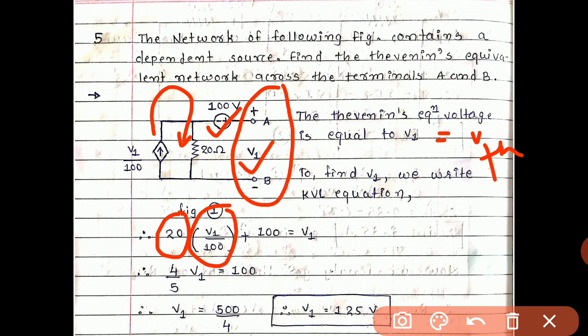So we can write 20 multiplied by V1 divided by 100 plus 100 equals V1. By simplifying all the things, we get 4 over 5 V1 equals 100, V1 equals 500 divided by 4, and we get the value of V1, that is 125 volt. So initially, in the first step, we calculate V1. Simply we apply the Kirchhoff voltage law in this figure and we get the value of V1.